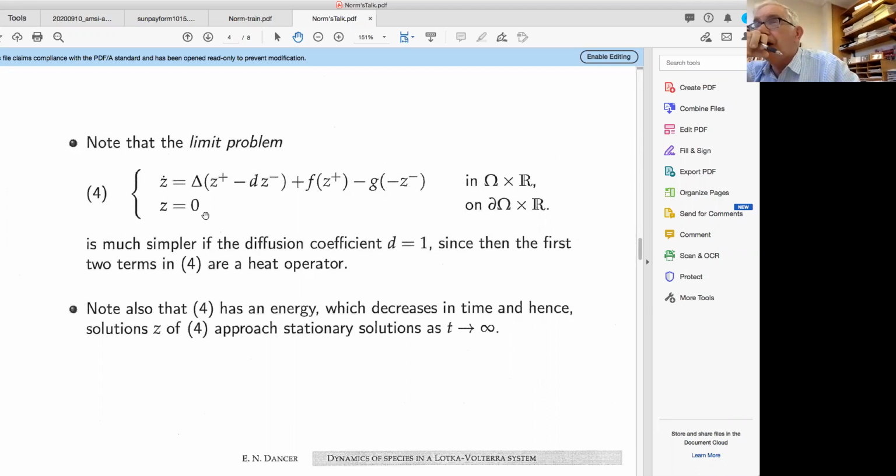And where D equals 1 matters. If D equals 1, life's a lot simpler, and you can see in this equation that Z plus minus Z minus just becomes Z. So the first two terms are Z dot equals Laplacian of Z, which is a heat operator with some other perturbations. So if D equals 1, things are much simpler, and you can do more with it.